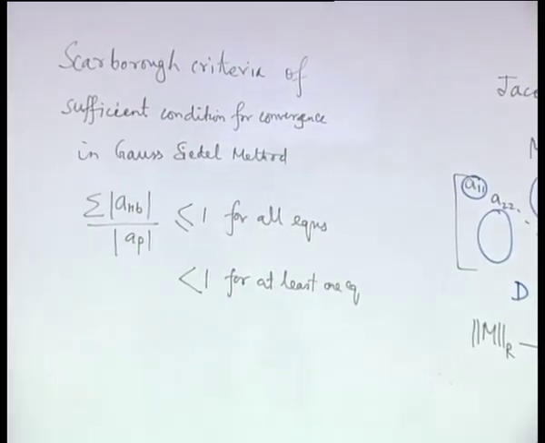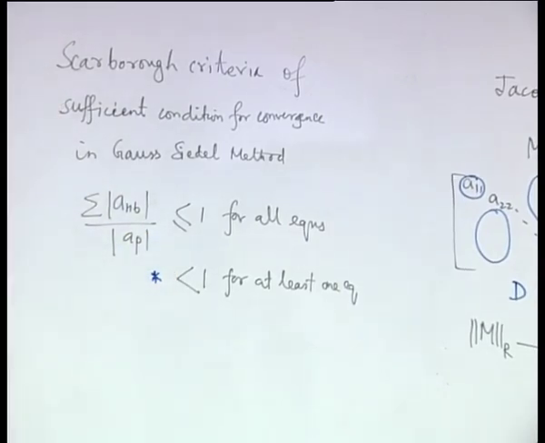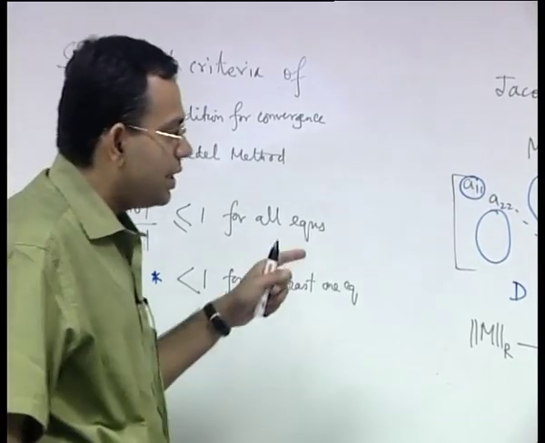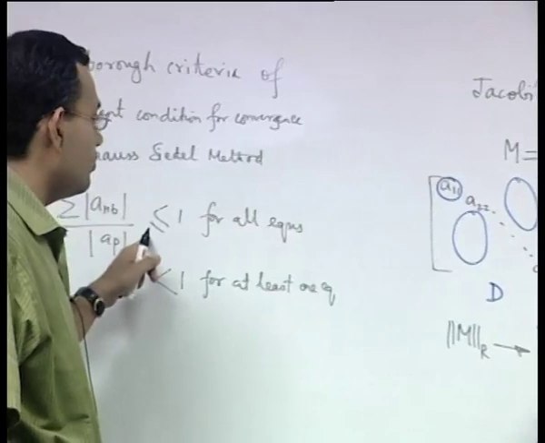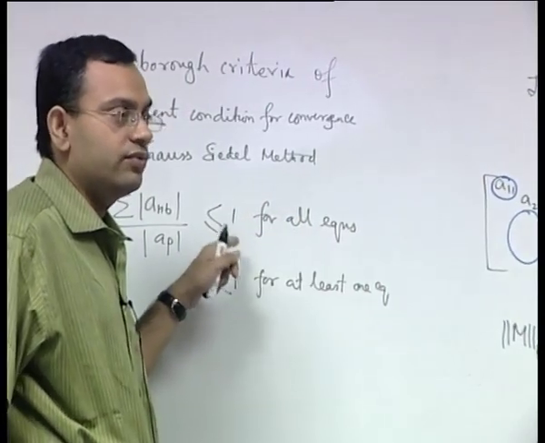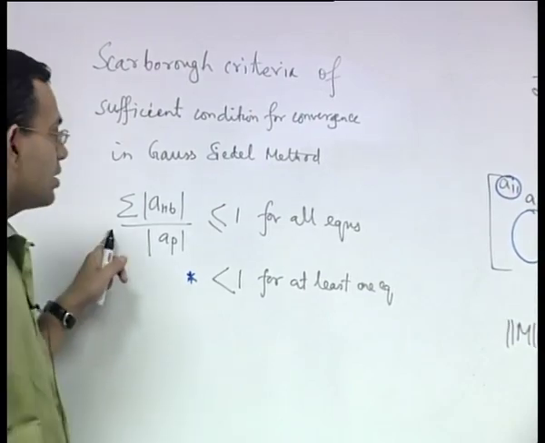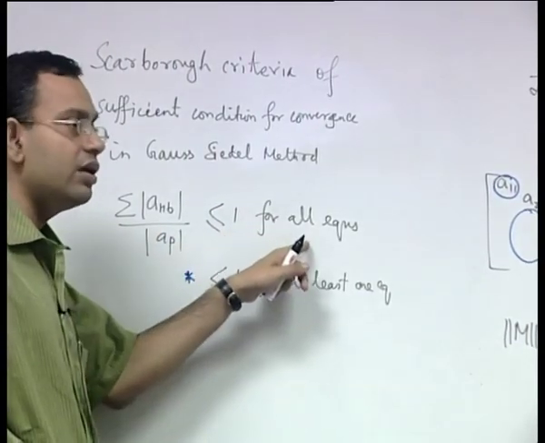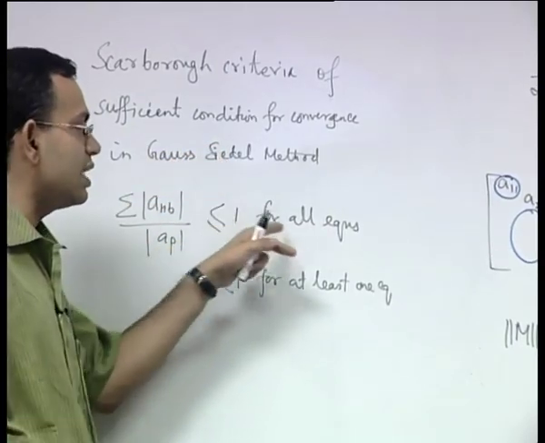This is a very important consideration which we will try to discuss in more detail. From the mathematical perspective that we have discussed so far, less than or equal to 1 for all equations would have been good enough, because that means for all rows considered together this is less than or equal to 1.